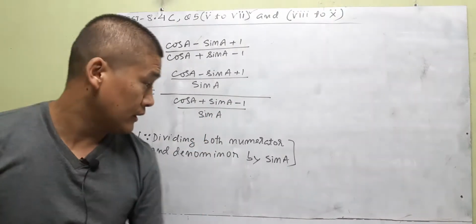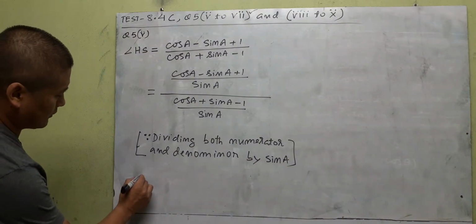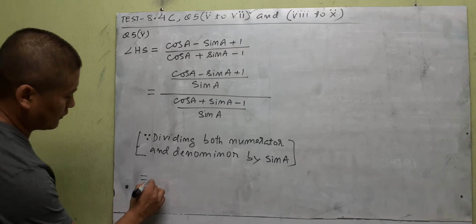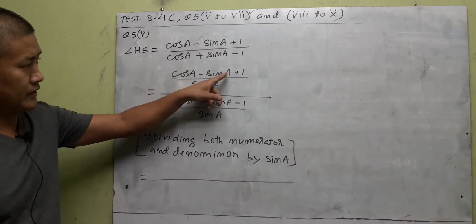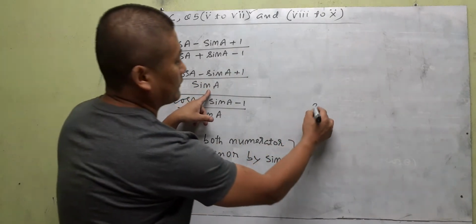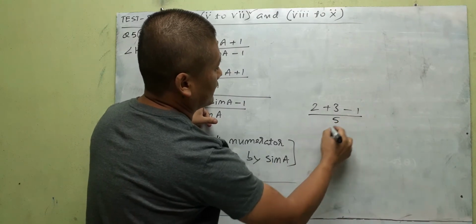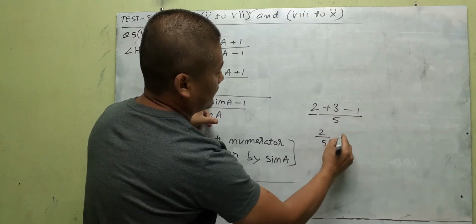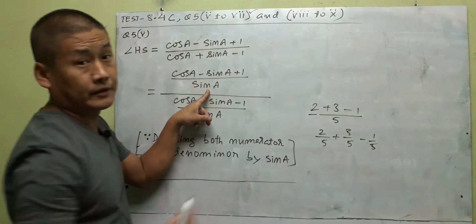Now, why did we do that? Let us see. Next step, that will be equal to, again long line, each of these 3 terms on the numerator divided by this denominator. Just like we have (2 plus 3 minus 1) by 5, we can write 2 by 5 plus 3 by 5 minus 1 by 5.